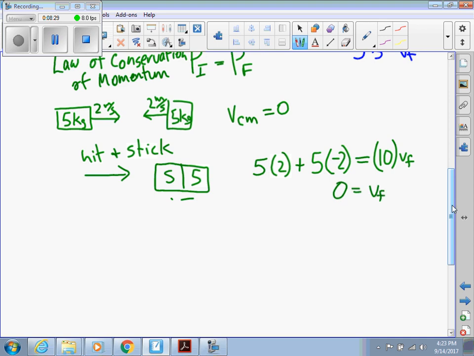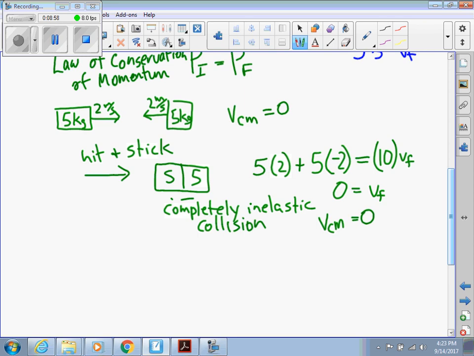Okay? And if you have a situation like that, this is called a completely inelastic collision. Okay, and so the velocity with respect to the center of mass is 0.